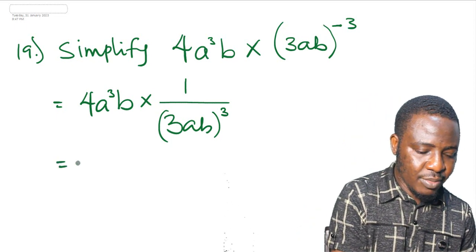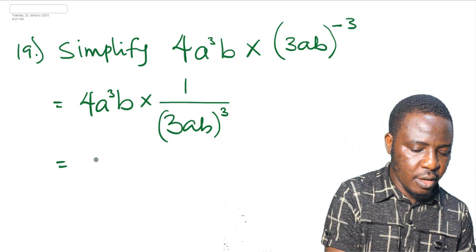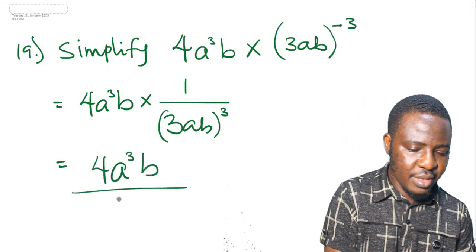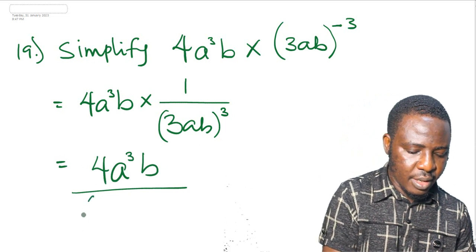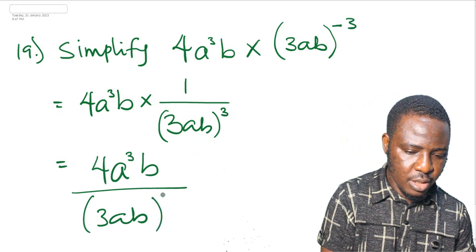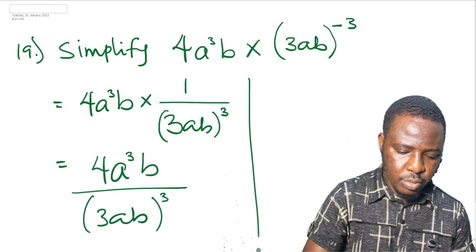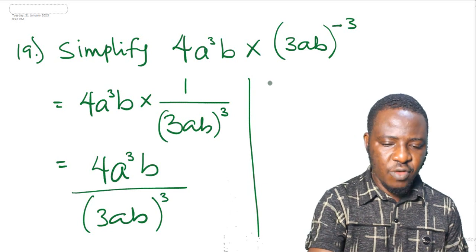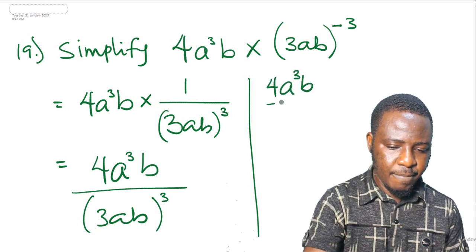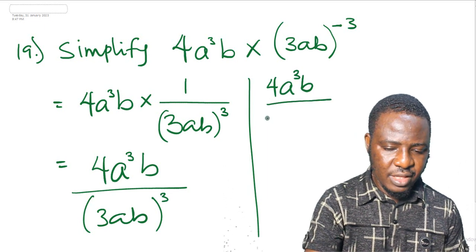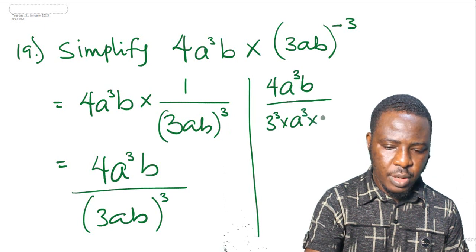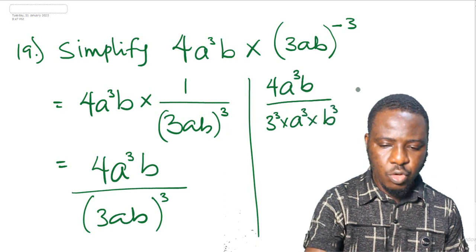So this can be simplified further to be 4a cubed b divided by bracket 3ab cubed. So simplifying this further, you have 4a cubed b divided by, now cube every term in the bracket, 3 cubed times a cubed times b cubed.